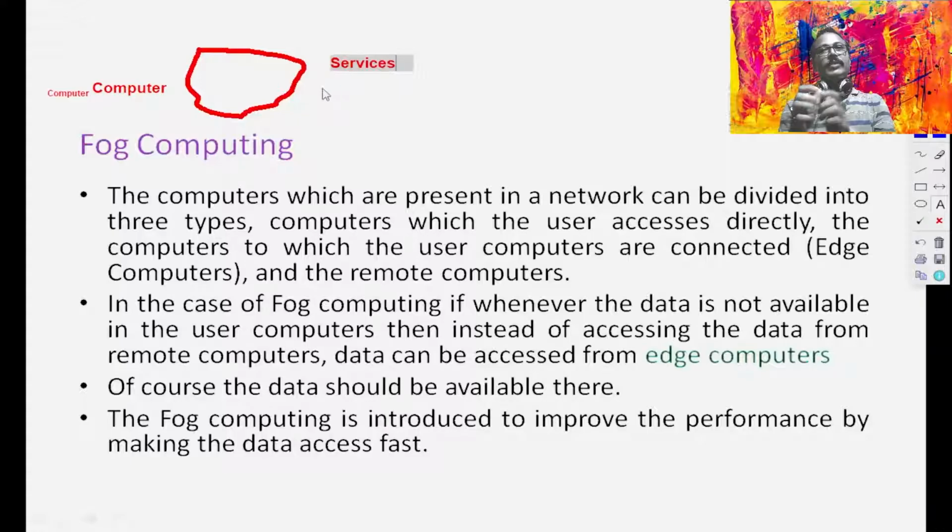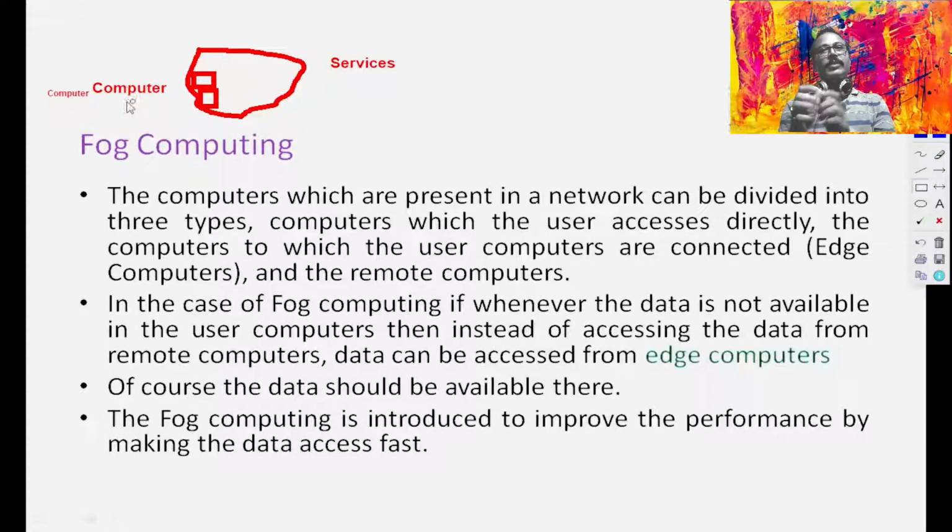So what is being done nowadays is this is called the edge of computers. At this edge you have what are called edge computers, where part of the services are available.